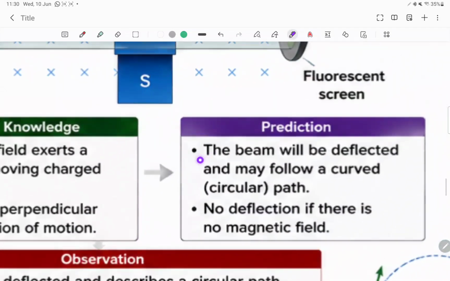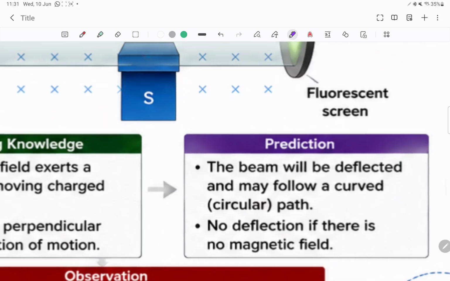So the expected beam will be deflected and may follow a curved or circular path if it is charged. If it is a wave, no deflection. If it is a charged particle, it will be deflected if the magnetic field is there. If no magnetic field, no deflection.